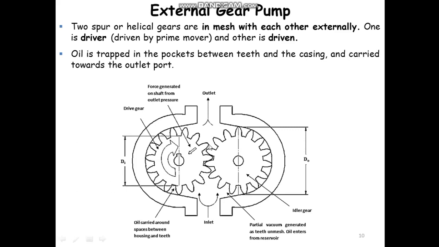Now, as we know, one gear is the driver and the other gear is the driven gear. This driver gear is placed on a rotating shaft. That rotating shaft is considered the output of an electrical motor. Suppose we assume that this external gear pump is driven by an electrical motor.